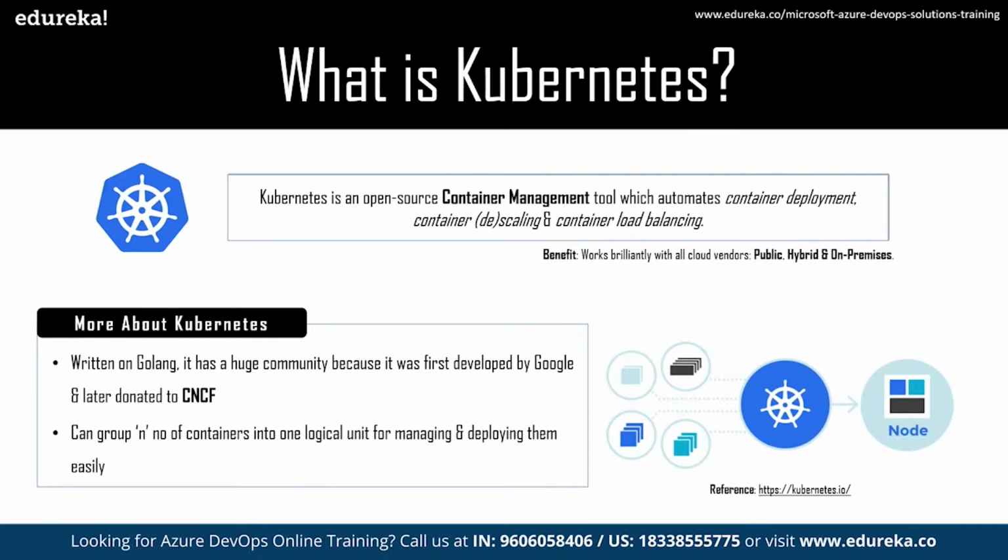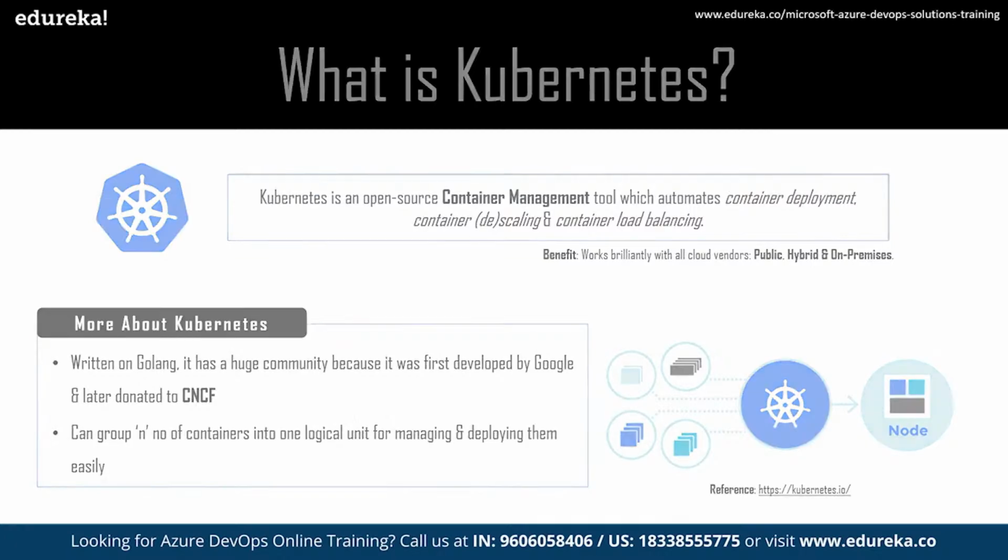Because when you talk about something like Kubernetes, it is going to have a huge community. And that would mean that there's huge support, huge documentation for you to work with. It was developed using a programming language called Golang, and it was entirely built using it. Apart from that, to summarize what Kubernetes is, you can think of it as a number of containers that can be put into one logical unit so that you can simplify the process of managing these containers and how they work. Okay. So this is what Kubernetes is in a nutshell.